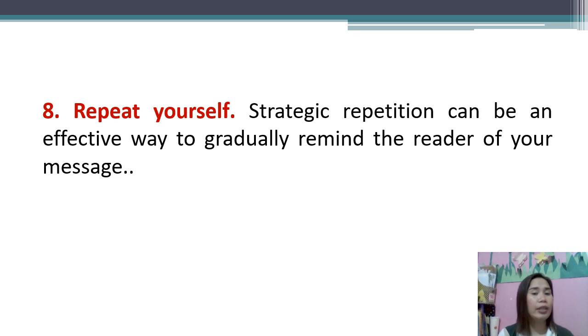Number eight and the last, repeat yourself. So strategic repetition can be an effective way to gradually remind the reader of your message.